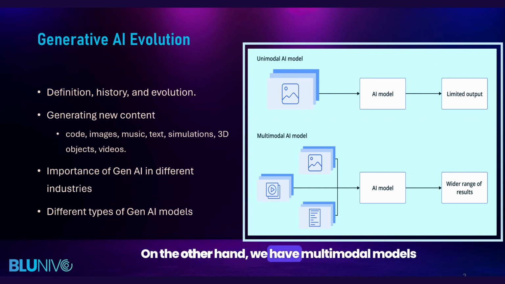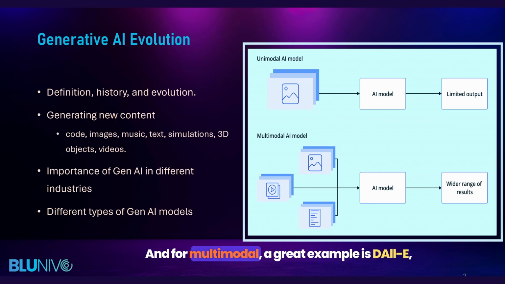On the other hand, we have multimodal models that take input from different sources and then also generate output in various forms. For unimodal, I can talk about GPT-3, for example, which is more of a text-based model that generates human-like text, or we have StarGAN, an image-based model that can create realistic images.